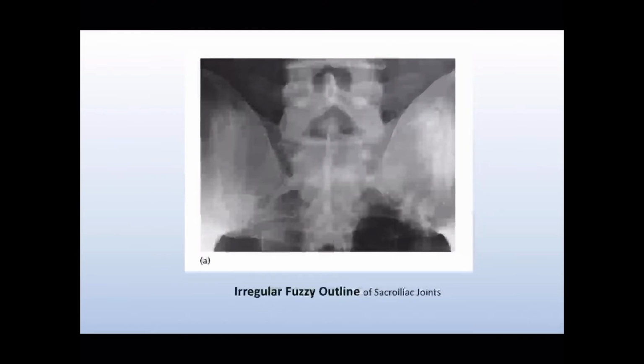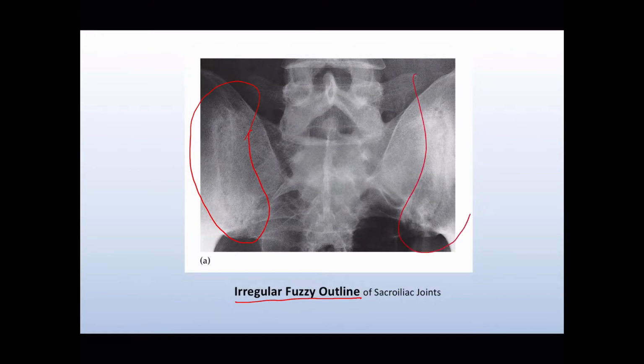First of all, there was irregular fuzzy outline. Here, look at this x-ray. You can see that this joint and this joint here, the joint margins are not sharp. It has become irregular. This usually occurs as the first finding of ankylosing spondylitis.